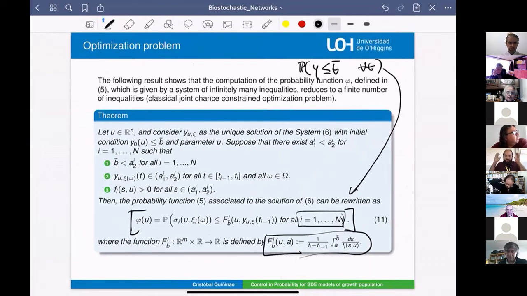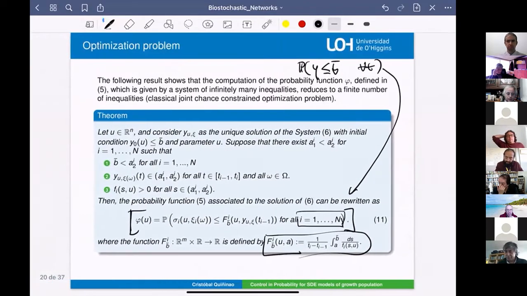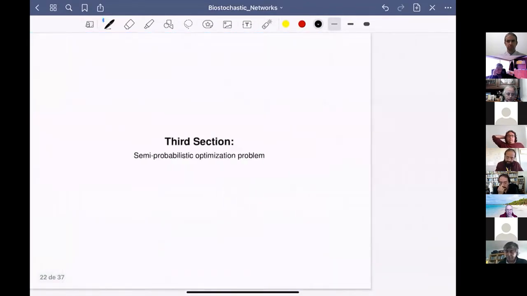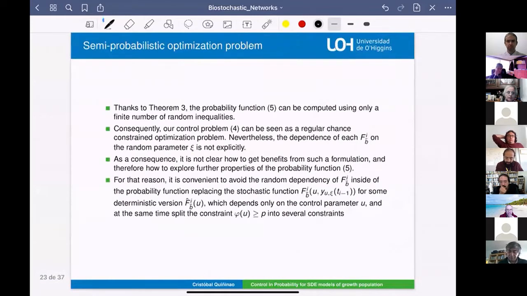So you're not working in continuous time anymore. You don't have a problem in continuous time. You have a problem at the ending points of your time discretization. And that's much easier, because you now work with a finite set of inequalities in the chance constraint formulation. So you end up with the following system, which is actually very classic, and you can solve it.